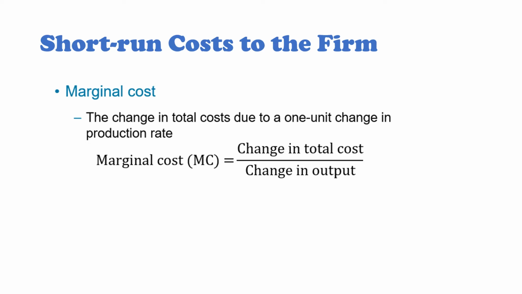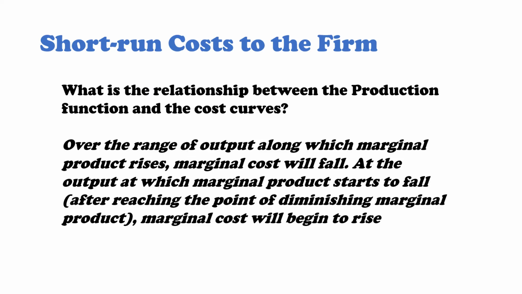Or you can call it the cost for each additional unit. So just another thing about marginal cost is the change in total cost divided by the change in output, or the cost for each additional unit of output.